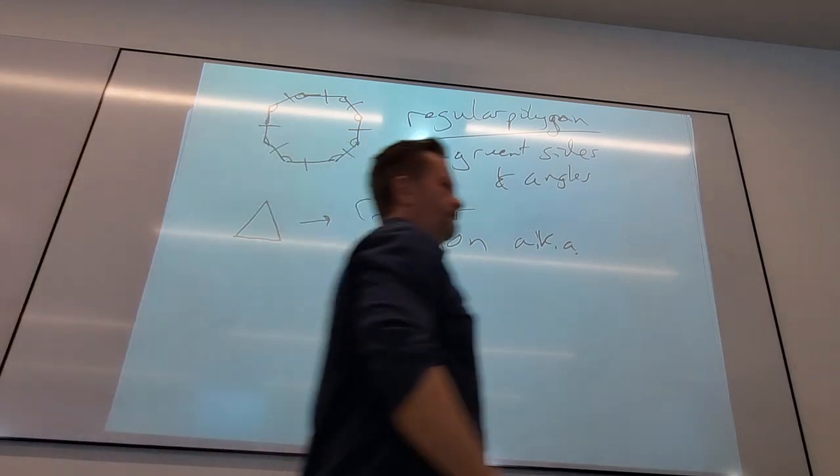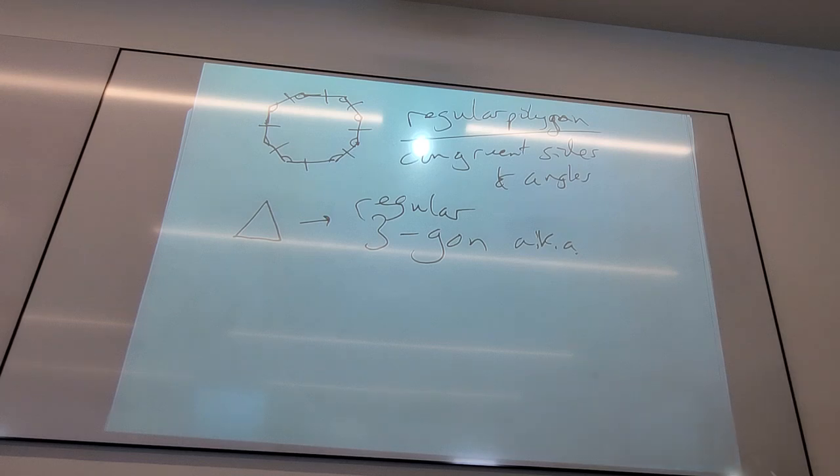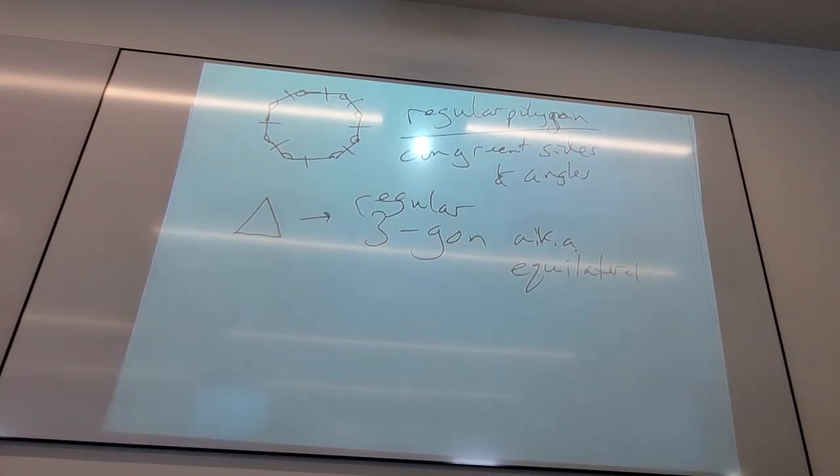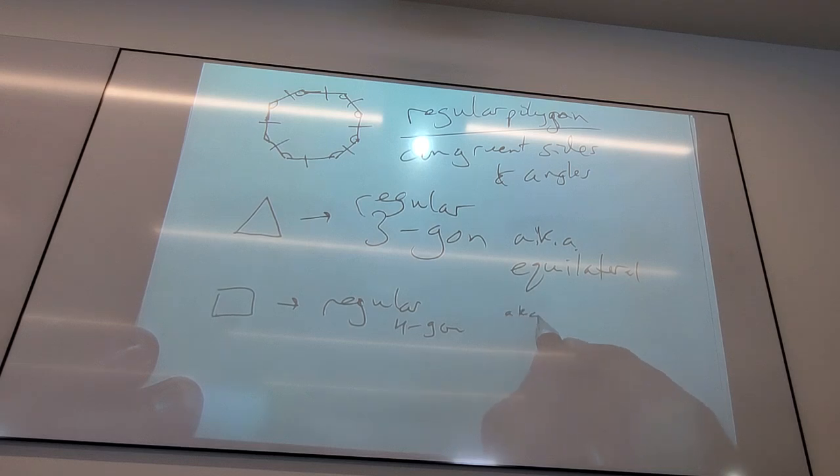Equilateral, I like it. Cool. Okay, how we doing so far? Nothing too crazy. Then what do you think a regular four-gon would be? Square, aka square.